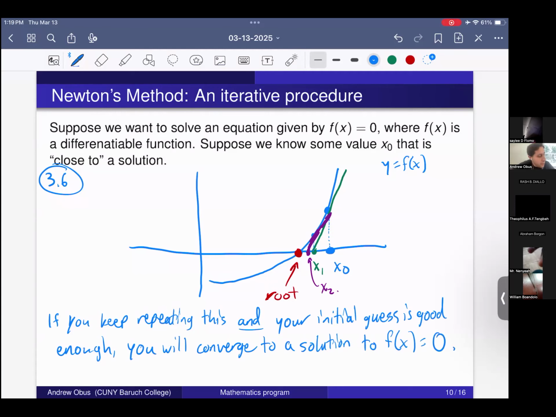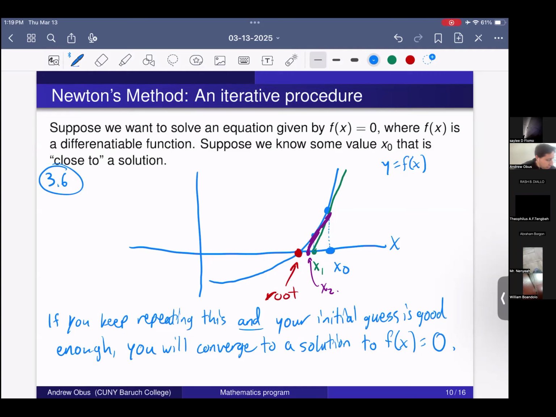Okay? So you kind of start with a point, draw the tangent line, see where that intersects the x-axis, and then draw the tangent line at that x value, see where that intersects the x-axis, and then keep on going. And as long as you picked a good enough guess, then you're going to end up converging to a solution to f of x equals 0. So this is the graphical way of seeing this.